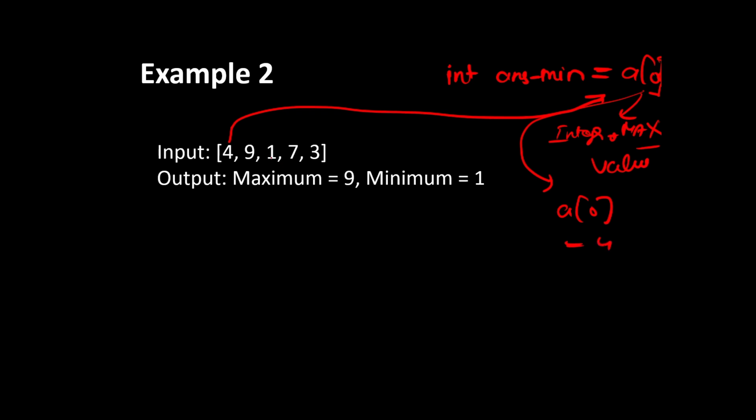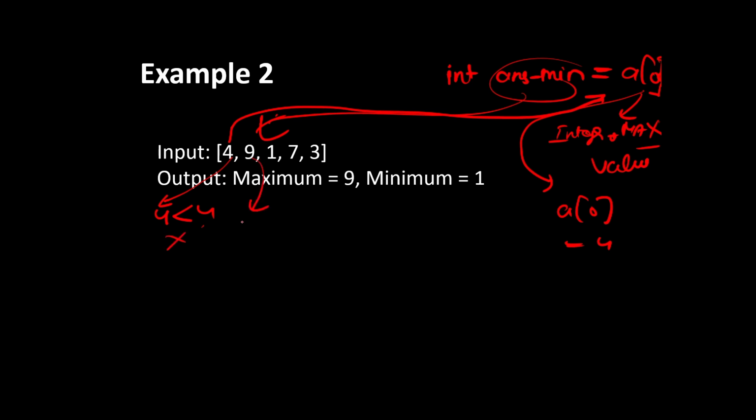Now you compare this answer min with all the integers of this array. Answer min is 4, and we compare with the index. If 4 is less than 4 we update, but this condition is not true.